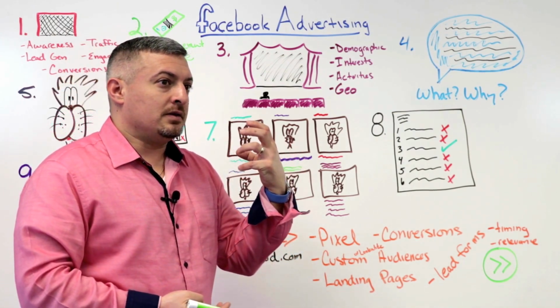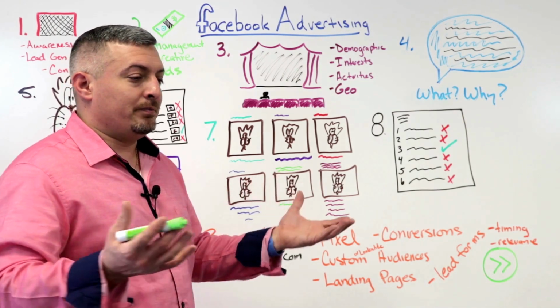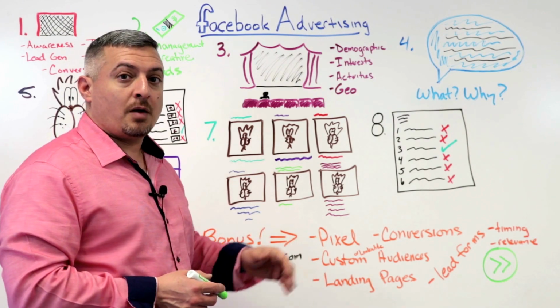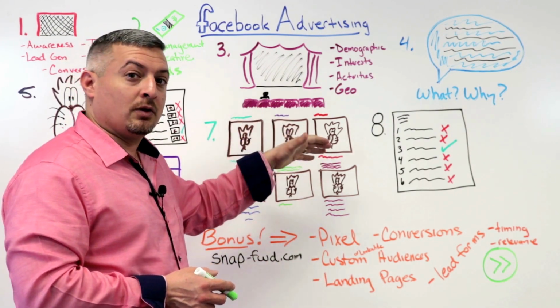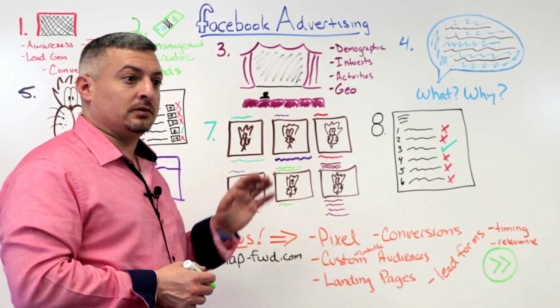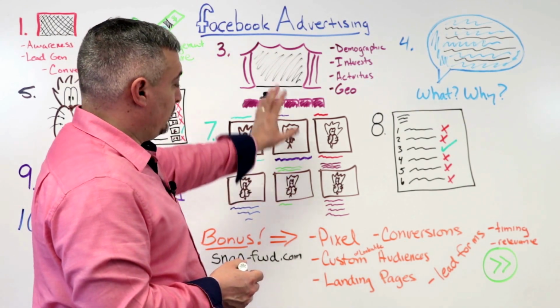Some people like the more creative stuff. Other people like the handheld cell phone type stuff. And same thing with the copy. Some people like emojis. Some people like long and descriptive stuff. Other people just want a quick, to the point, let me know what I should be clicking on and let's get there. So you're going to test all that out.